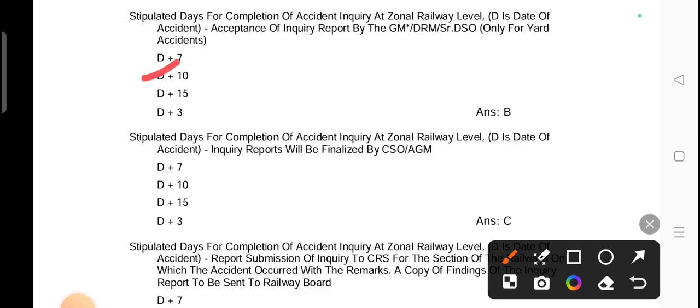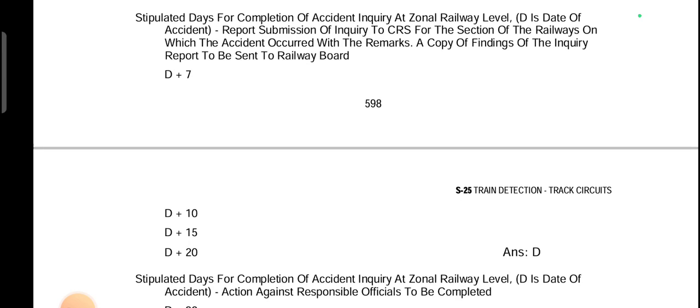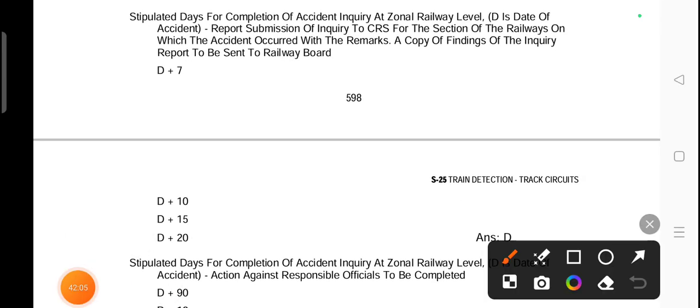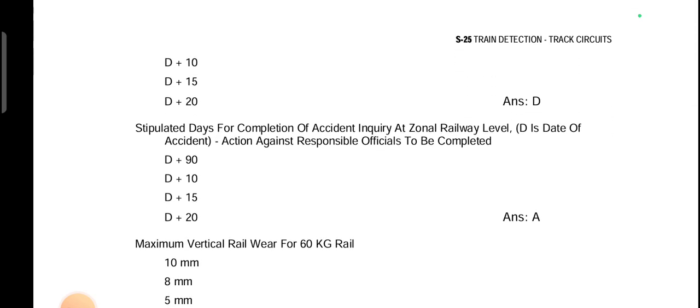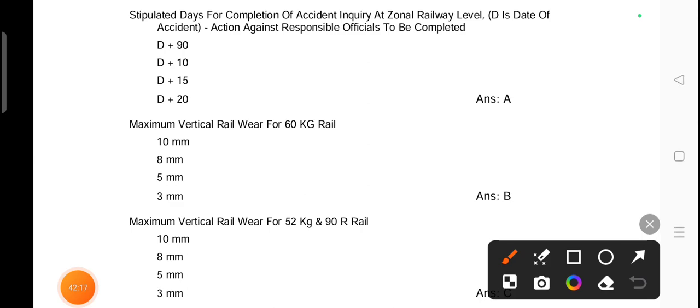Stipulated days for completion of accident inquiry at zonal railway level: D+15. Stipulated days for completion of accident inquiry at zonal railway level: D+20. Stipulated days for completion of accident inquiry at zonal railway level: D+90.